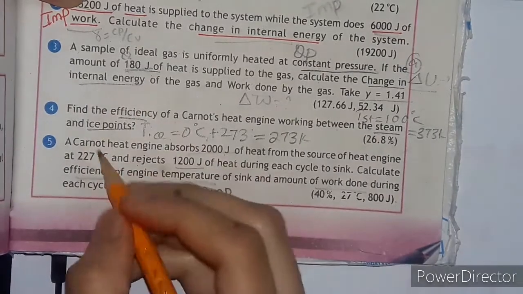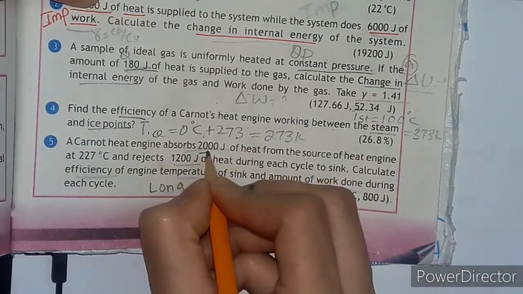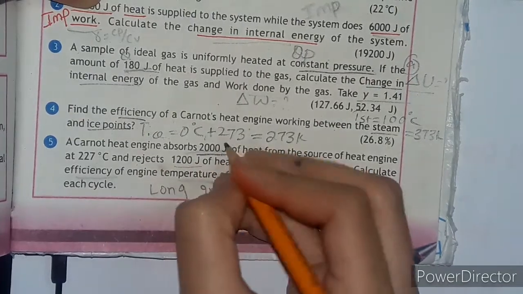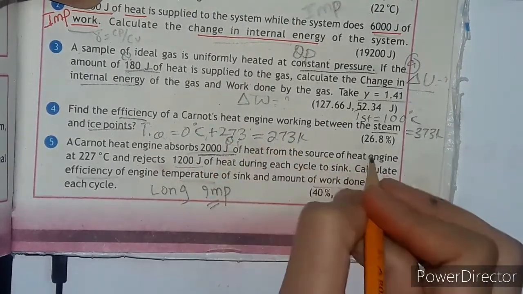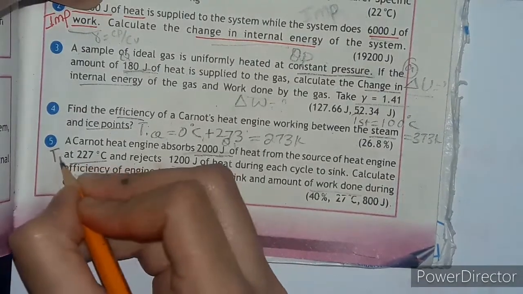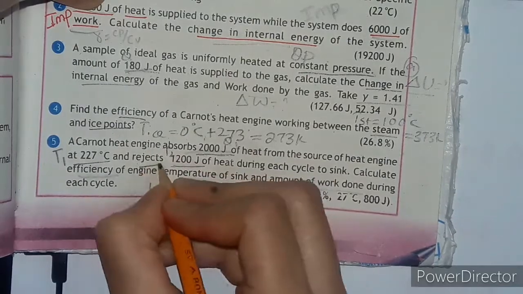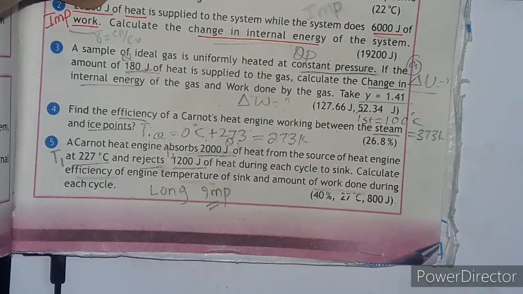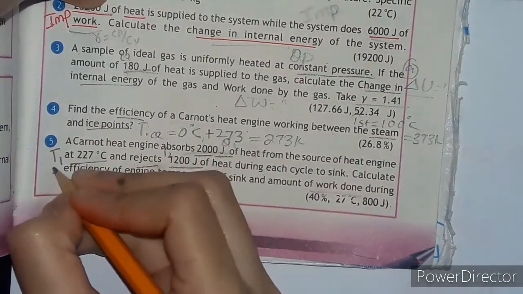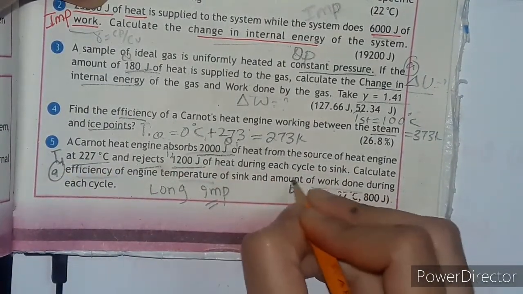Problem number 5. A Carnot heat engine absorbs heat Q1 at temperature T1, and heat Q2 at temperature T2 is rejected to the sink. Calculate the efficiency. First we have to calculate the efficiency, then the temperature T2, then the amount of work done.